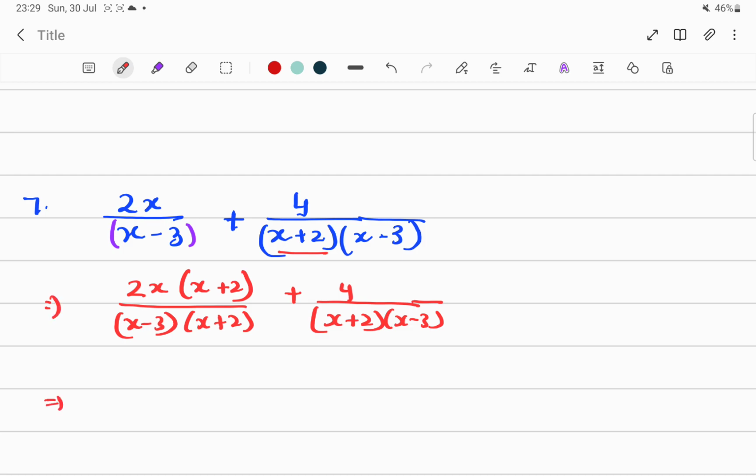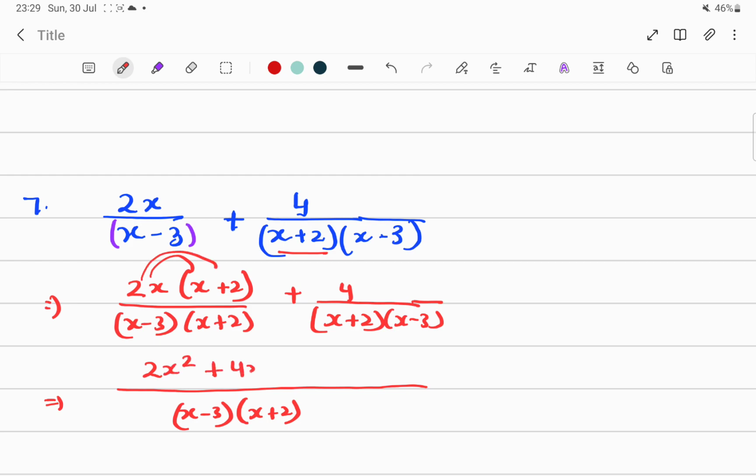As the denominators are the same, I can write them once, x minus 3 times x plus 2, and in the numerator it is 2x times x, which is 2x squared, and then 2x times 4, which is 8x, plus 4. Now the final answer you can give like this, 2x squared plus 4x plus 4, and this whole thing is divided by x squared minus x minus 6.